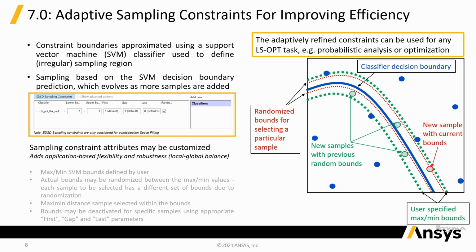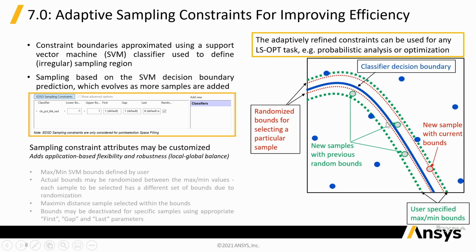So in order to overcome this issue, it is possible to randomize the lower and upper bounds also using this randomize checkbox. And when you do that, these lower bounds and upper bounds are randomly selected within the range that is specified as the minimum and maximum range.